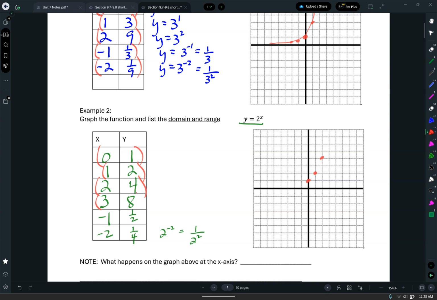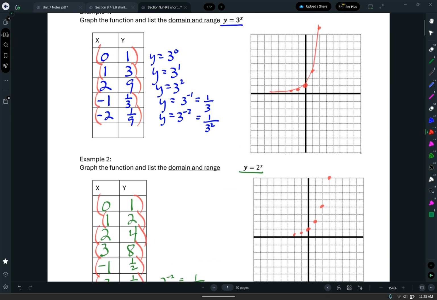I'm going to keep putting these on. 3, 8, I think goes right to the top. And then our negative numbers, -1, 1/2. Again, we'll just estimate. And -2, 1/4. So if you compare, even though they're not all the exact same points, do you see that it gives me the same basic shape?